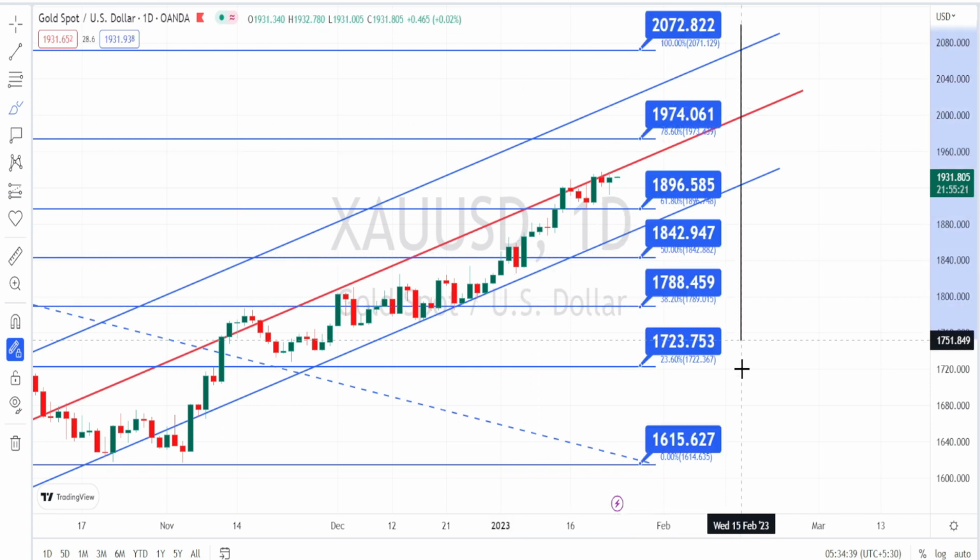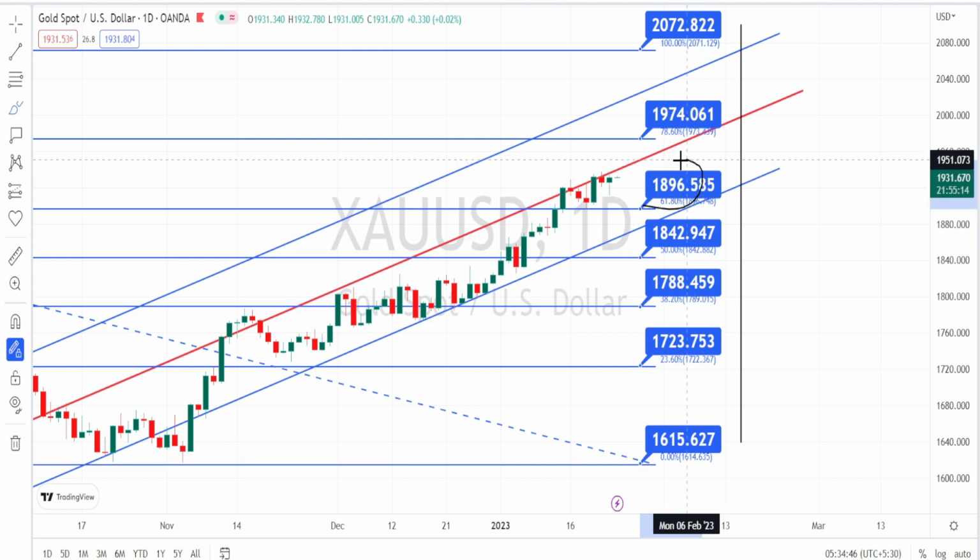So these are all the resistance and support levels for current price action in daily time frame. Currently the price action is trading between the support level of 1896 and resistance level of 1974. Once the price action breaks this midline of the bullish channel pattern, we can expect it to test the immediate resistance level of 1976.